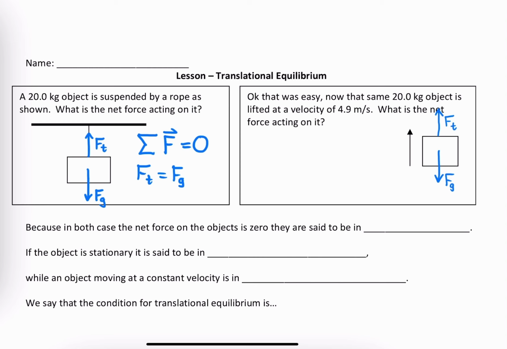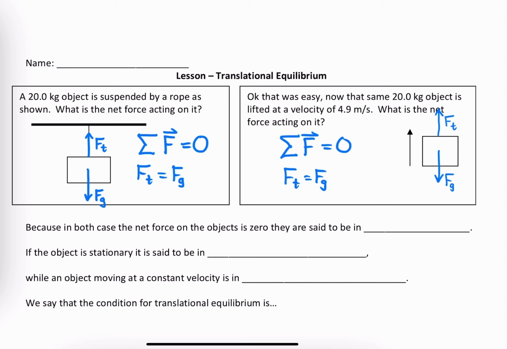And they are going to be equal in magnitude, but the net force is again 0. The forces are equal in magnitude, and that's true as long as it's moving with constant velocity.